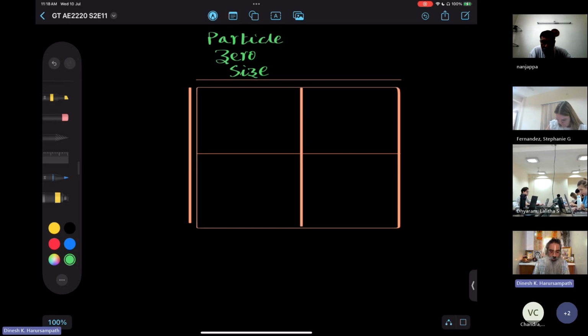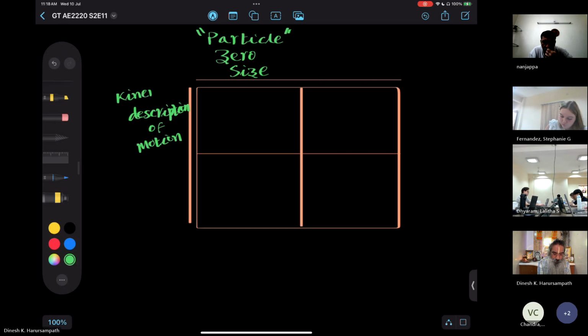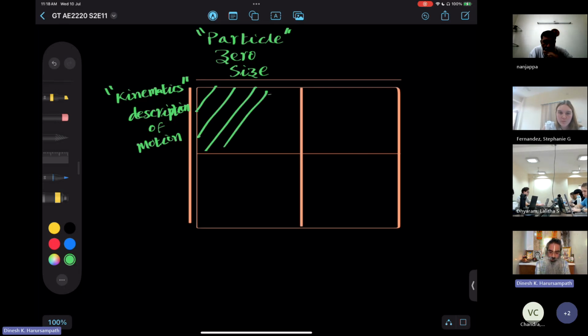And we looked at the description of the motion, which we called the kinematics. And that's something that we completed with the morning session day before yesterday. So that's pretty much done, right?